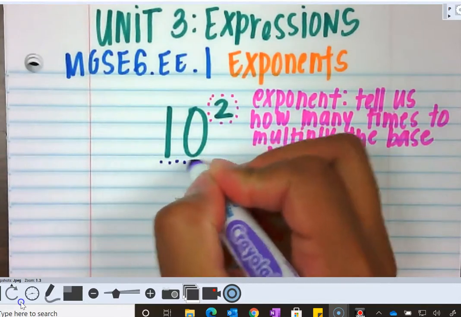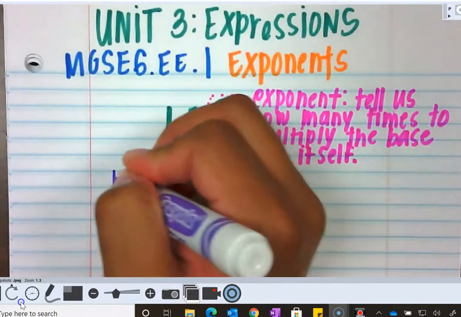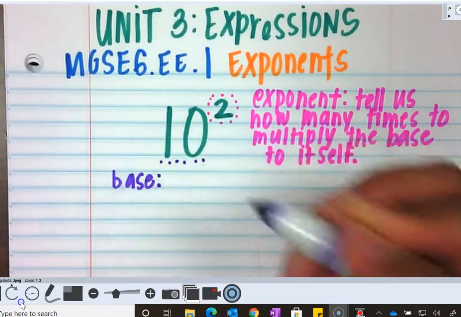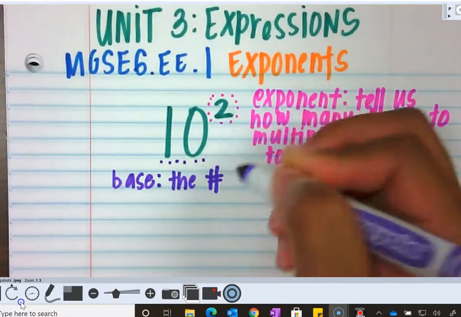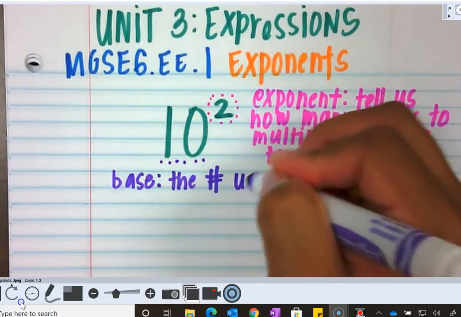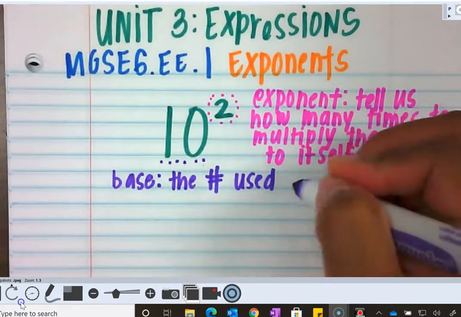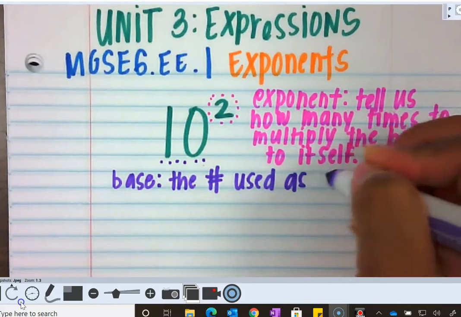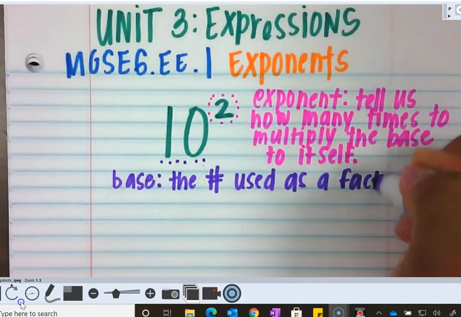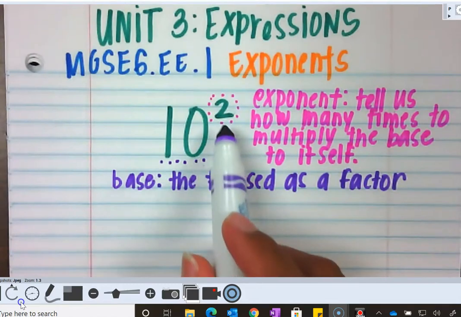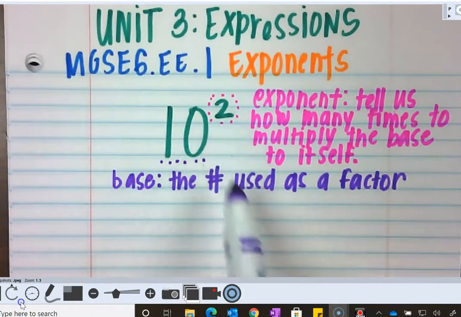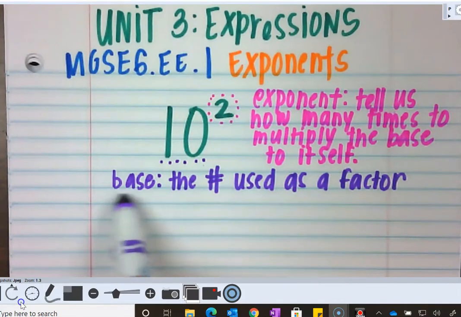Well, this 10 here is what we call our base. And this number is the number used as a factor. So we have 10, this is a factor, and the 2 is telling us how many times to multiply this factor, multiply this base.